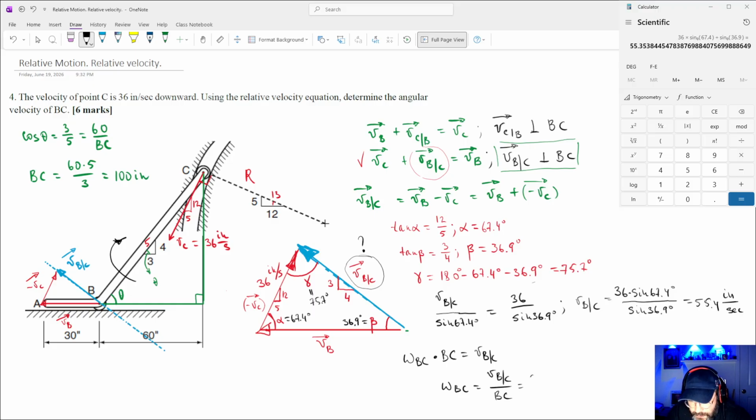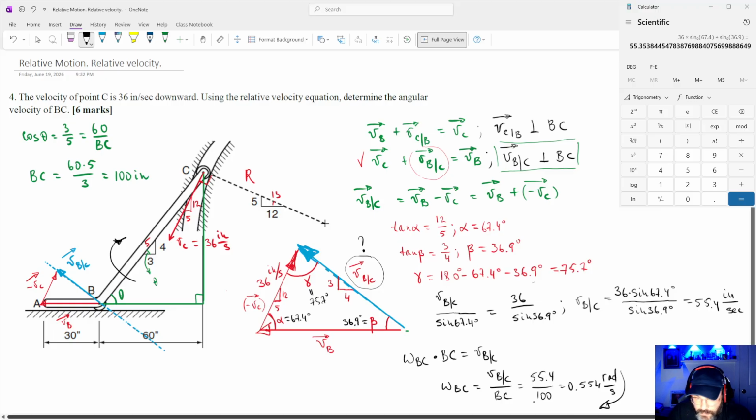So this is 55.4 divided by 100, which is equal to 0.554 radians per second clockwise.